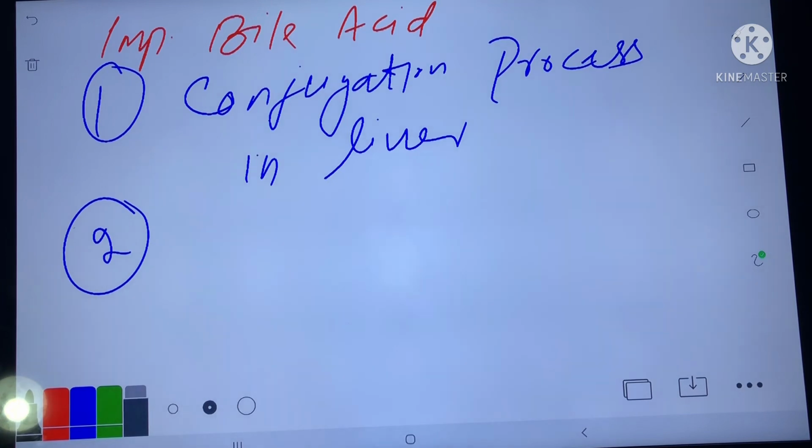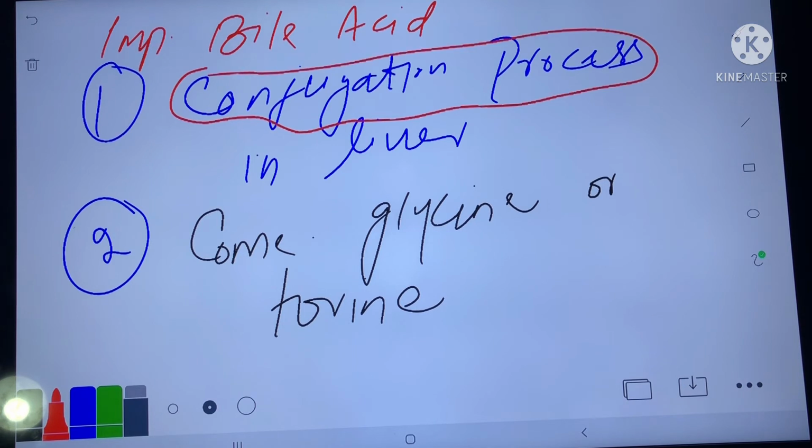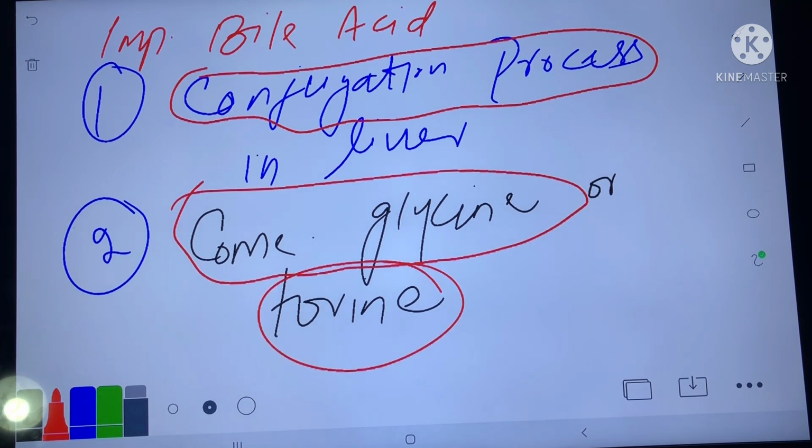Number two, during conjugation, bile acid combines with glycine or taurine. So these two are the importance of the bile salt: in the liver, the conjugation process takes place and it combines with glycine or taurine.